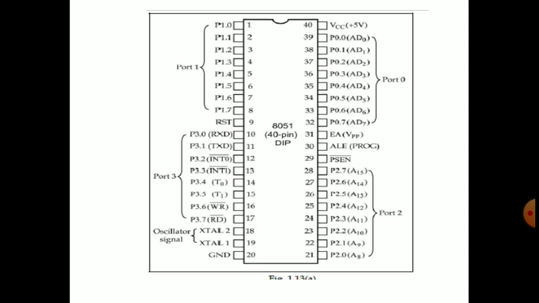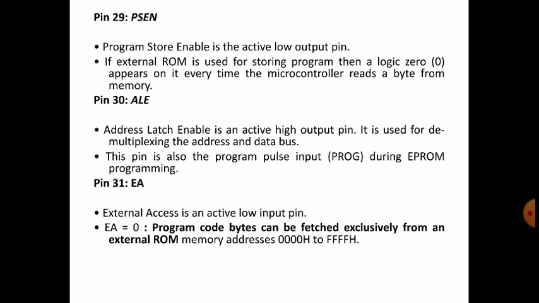EA bar must be written with a bar because it is an active low pin. In the bracket we have VPP, right? EA is an active low input pin. If EA is equal to 0, then the program code bytes can be fetched exclusively from the external ROM. That means in that case we use only the external memory, not the internal memory.